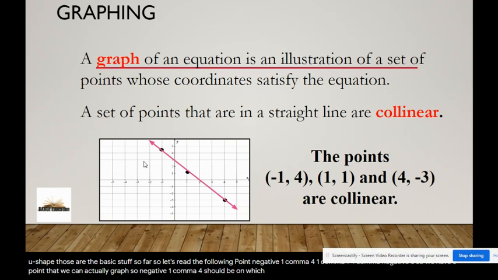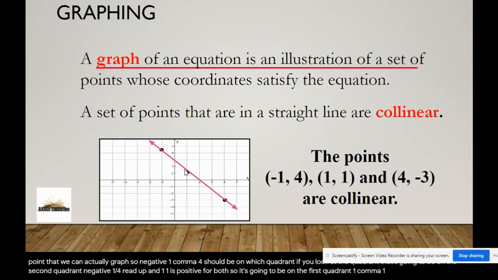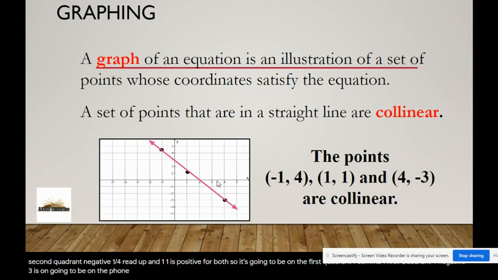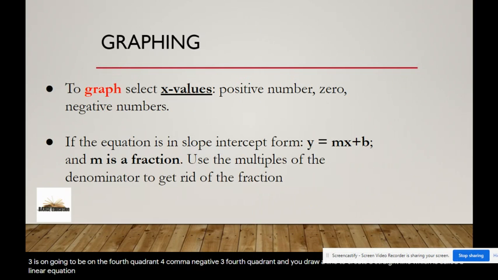If you look at the quadrants, that's going to be on the second quadrant. (1, 1) is positive for both, so it's going to be on the first quadrant. (4, -3) is going to be on the fourth quadrant. And you draw a line to create a straight line, which is called a linear equation.